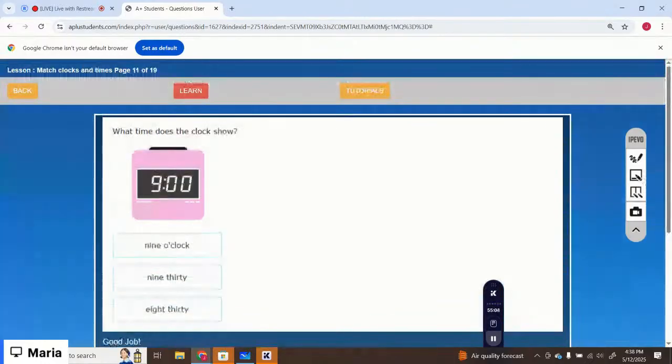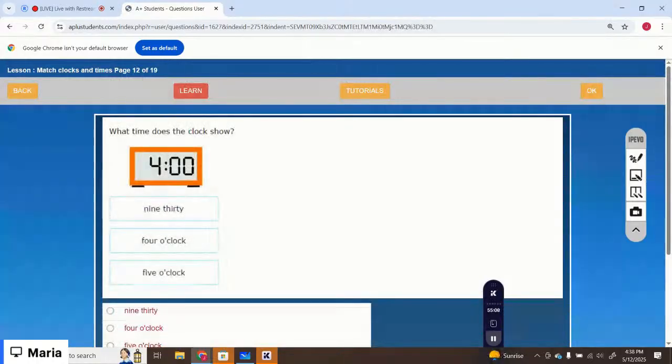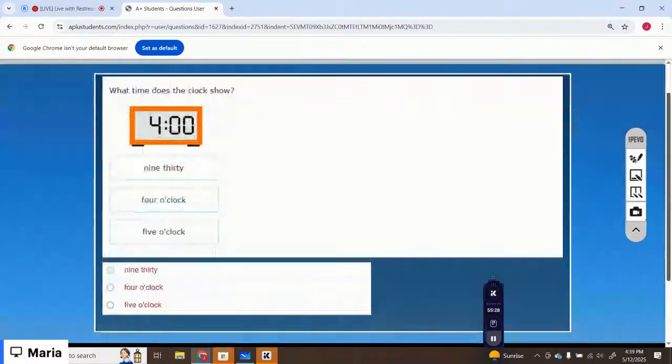Option number one is the correct option. What time does the clock show? That is 4 o'clock. Option number two is the correct option.